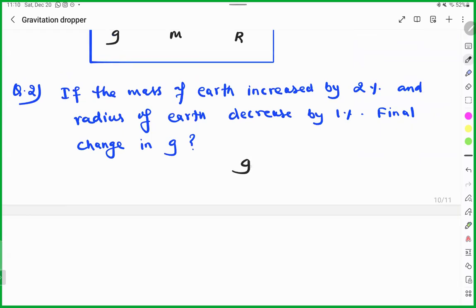Apply the same formula, we know g is equal to Gm by R square.